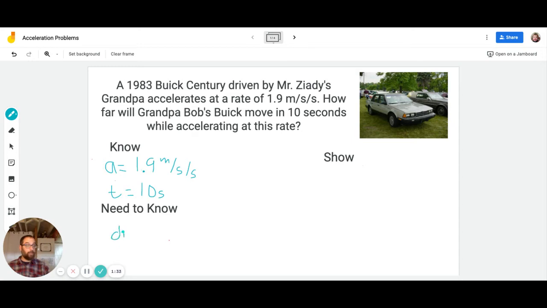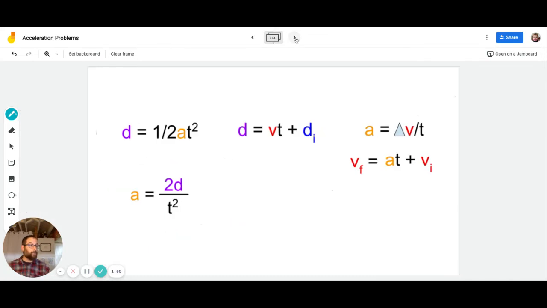Now, just like the constant velocity equations, the need to know tells you which version or which equation you need to use. So let's take a quick look at our equations here.